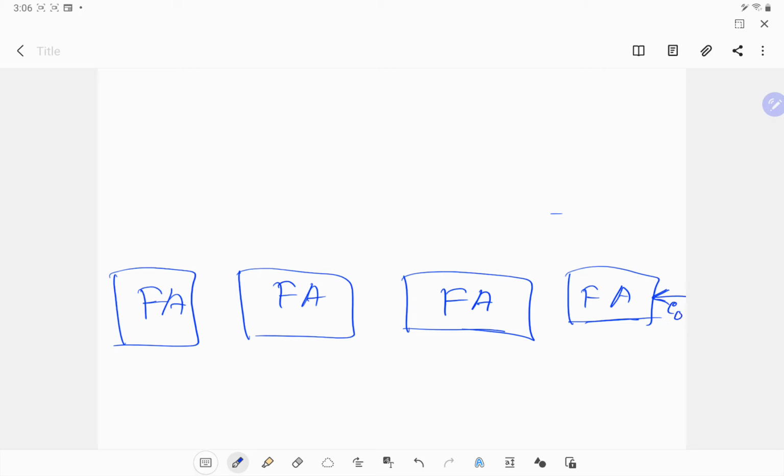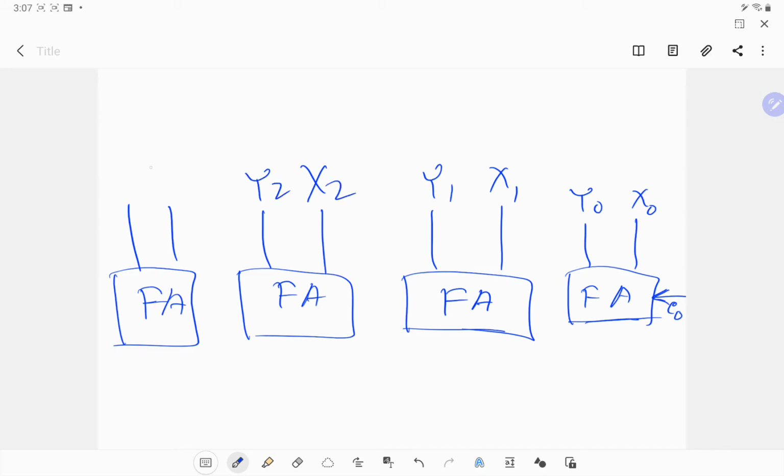Let's consider this is C0 for carry, and inputs X0, Y0. Then inputs X1, Y1, X2, Y2, X3, Y3, and also the carry from the previous adder circuits. And let's consider this is carry 1, carry 2, carry 3.